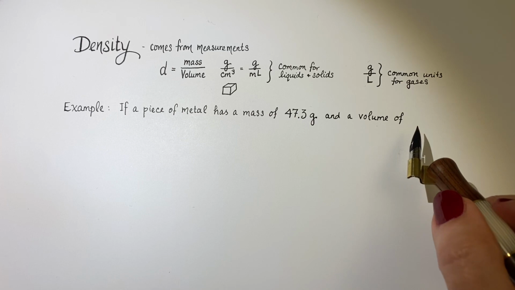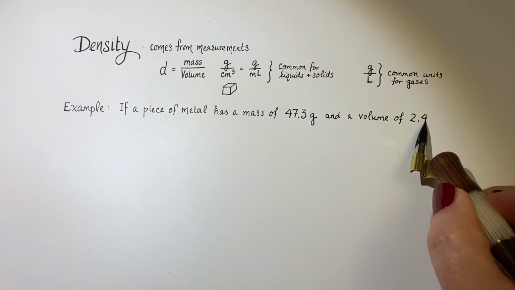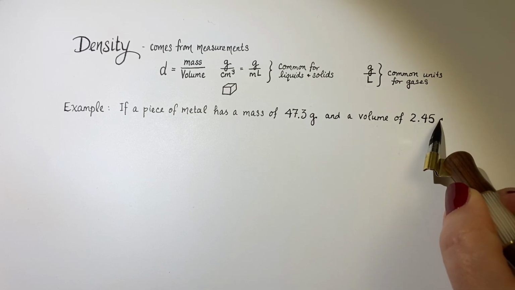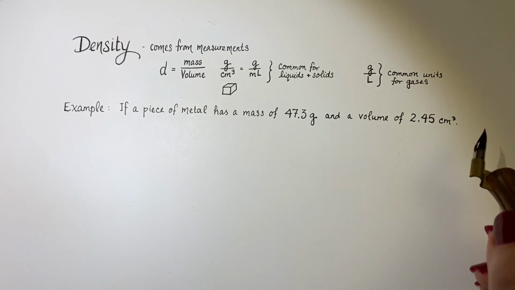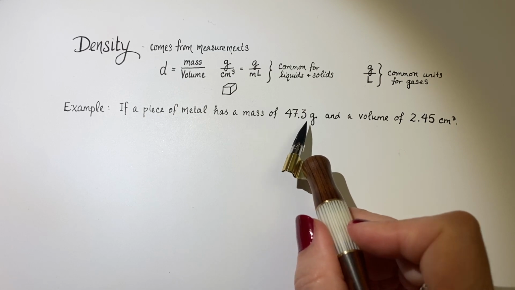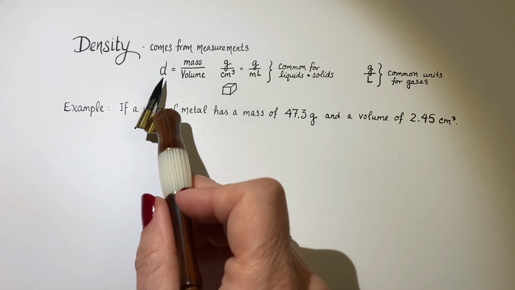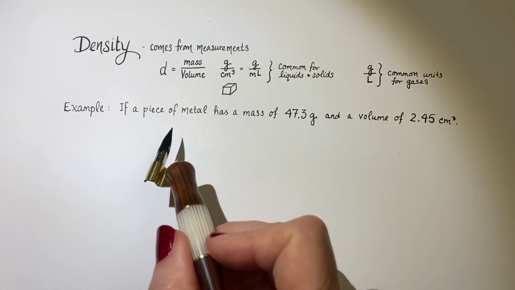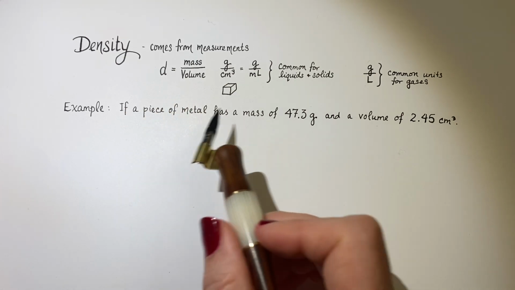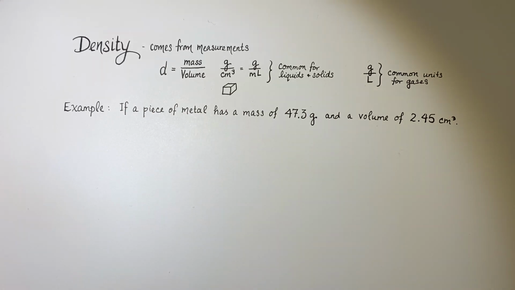And in this case, in this problem, the volume is 2.45 centimeters cubed. So here are our two pieces of data. We know that density equals mass divided by volume. So we could possibly figure out what is the identity of this metal. If we have a table of all the metals and what their densities are, we could figure that out.